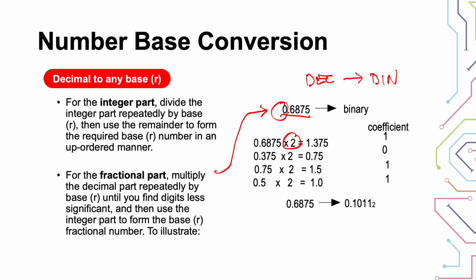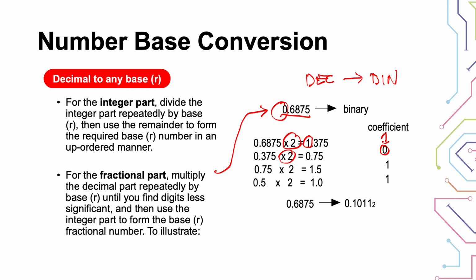So we come up with 1.375. Yung 1 niya na whole number, yun yung ilalagay natin dito sa gilid as our coefficient. And then tatanggalin natin, since tinanggal natin yan, so multiply na naman natin ng 2, we come up with 0.75. So 0 yung kanyang whole number, so 0 din yung ilalagay natin sa kabila.